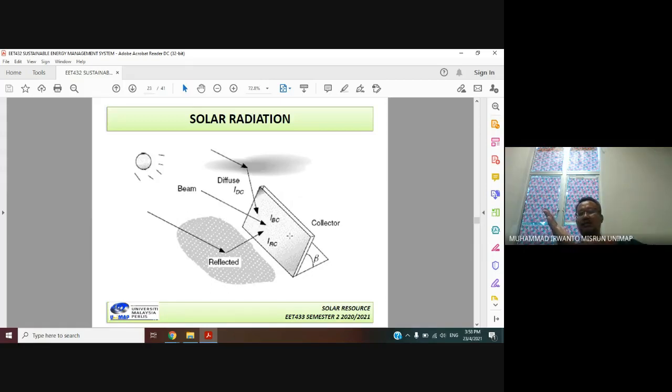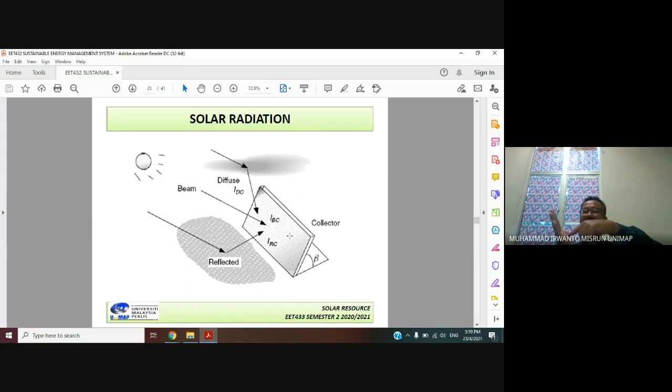Okay, and then at the surface of the earth, maybe this one is grass or tree. The sun spreads radiation, not going to the photovoltaic but to the grass, and then reflected to the photovoltaic. Now we call it the reflective solar radiation. This photovoltaic obtains the beam, diffuse, and reflective solar radiation, so the photovoltaic obtains the global solar radiation.